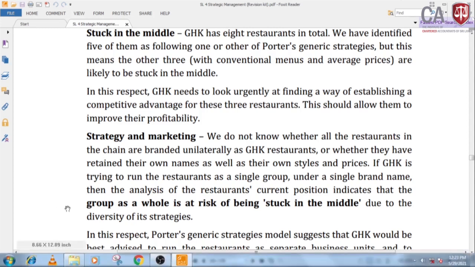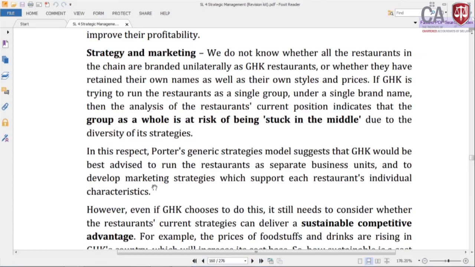Strategy and marketing. We do not know whether all the restaurants in the chain are branded uniformly as GHK restaurants or whether they have retained their own name as well, their own style and prices. Yes, if you try to use one theme, it's not practical because they are using different strategies.